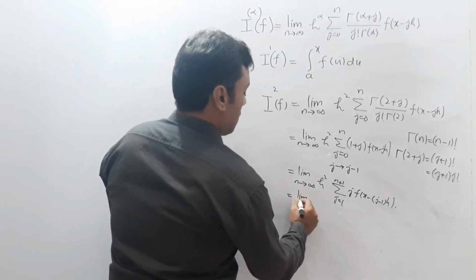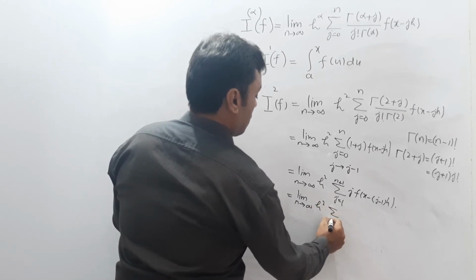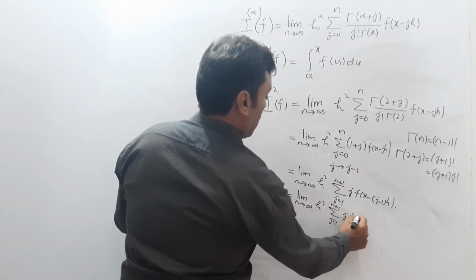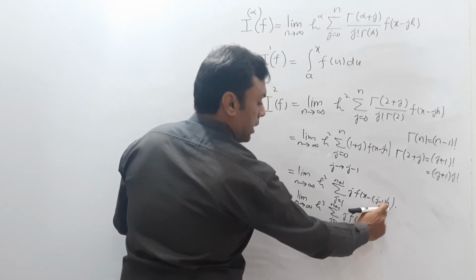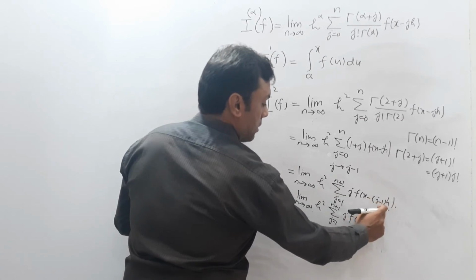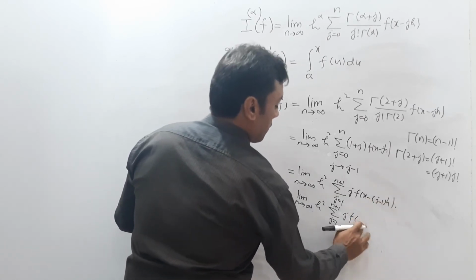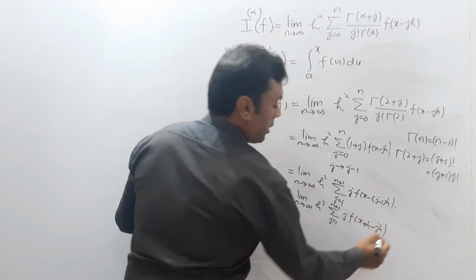This simplifies to limit n tends to infinity h square summation j from 1 to n plus 1 of j times f of x minus jh plus h, so it becomes x plus h minus jh.